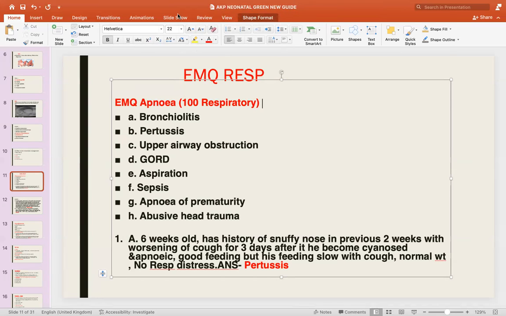Number 1, it will be problem-based, like apnea, like convulsion, like fever, like bleeding. Number 2, there'll be investigation-based. They will give you 3 diagnoses and ask which one is the most important investigation, the gold standard investigation. Number 3, treatment-based.